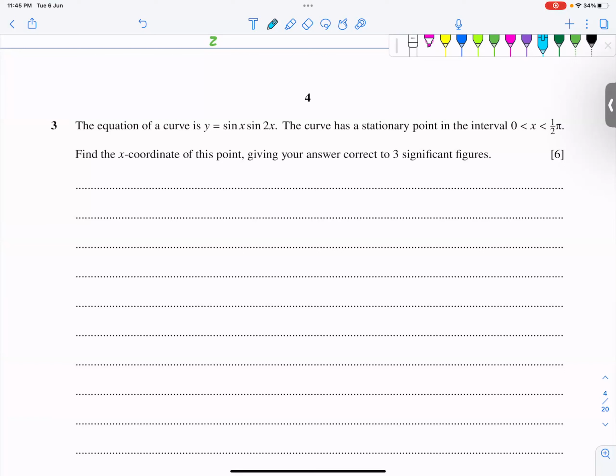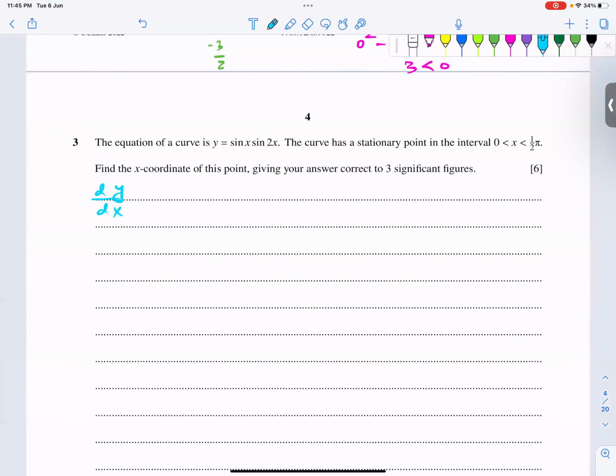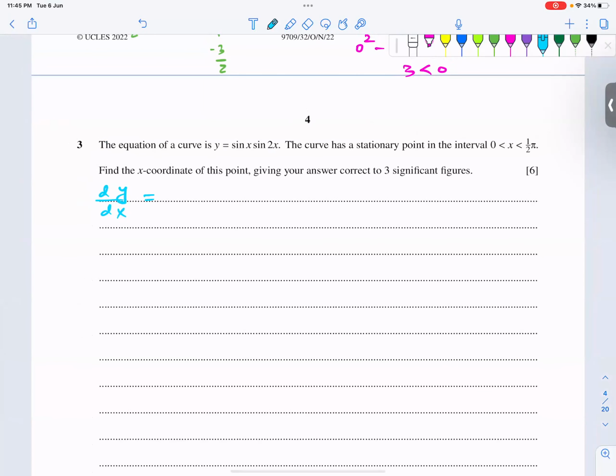Now, while finding the derivative for this curve, you will apply the product rule. So apply the product rule. dy by dx is equal to first function as it is, derivative of second, which is cos 2x into 2, so I will write 2.